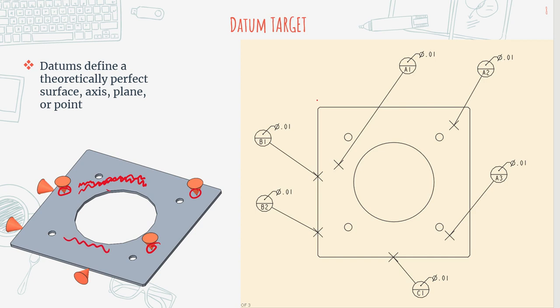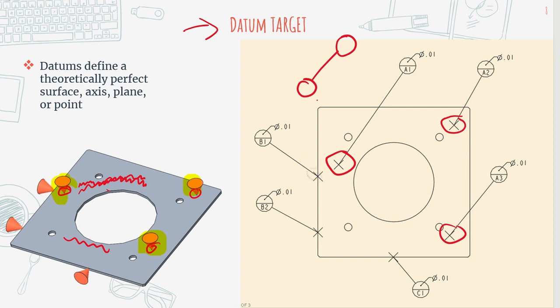So that's why we have datum targets. On a drawing, datum targets are denoted normally by an X mark, or they're denoted with a circle. And what this tells you, you can kind of correlate this here. These 3 points are, that is these 3 points, right?